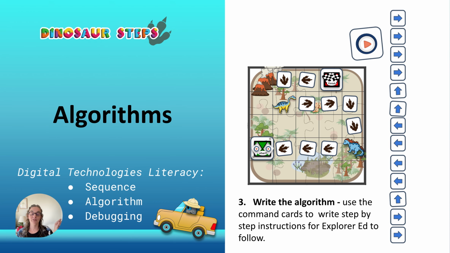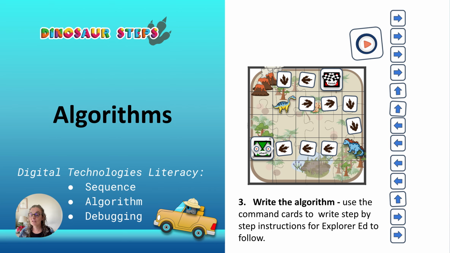They also may be able to write the algorithm horizontally using the command cards, and they could read from either end, and that's fine too. The key thing is actually writing an algorithm using the command cards. How it's laid out is not important, as long as they know how to read the instructions correctly. In classrooms, I even see students actually draw the algorithm in the shape of the path, and that's fine too.